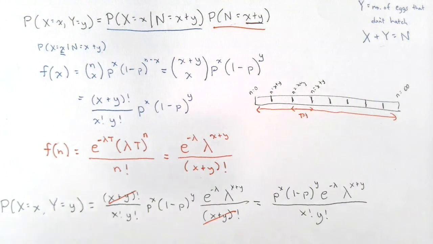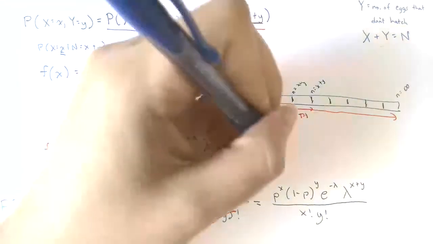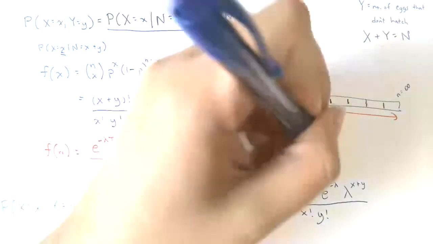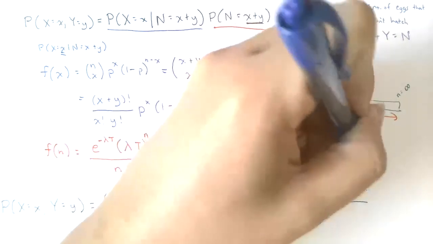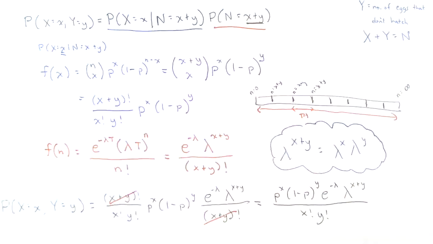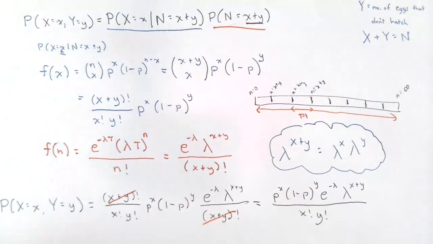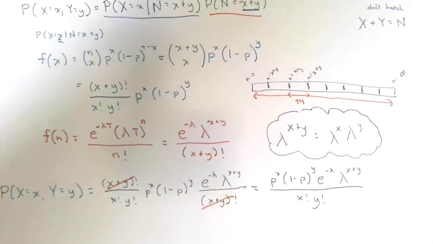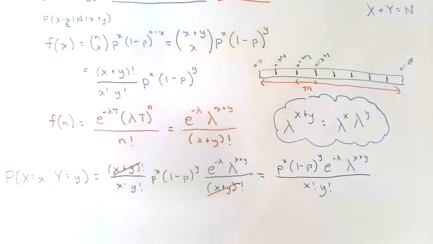So instead, just using a little bit of what we know about exponents, lambda to the power of x plus y should be equal to lambda to the power of x times lambda to the power of y. Is that correct? Before I make a fool out of myself, is that correct? The same term elevated to a power is just like the sum of the powers. Good.